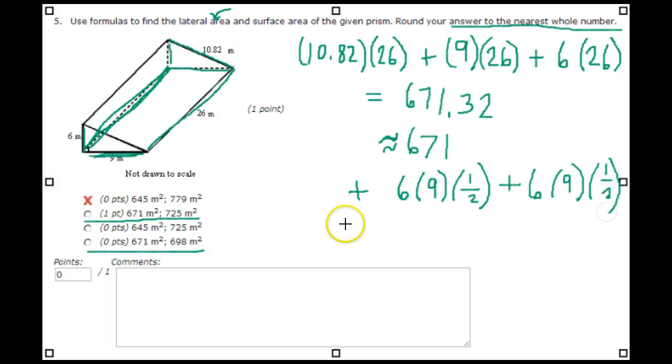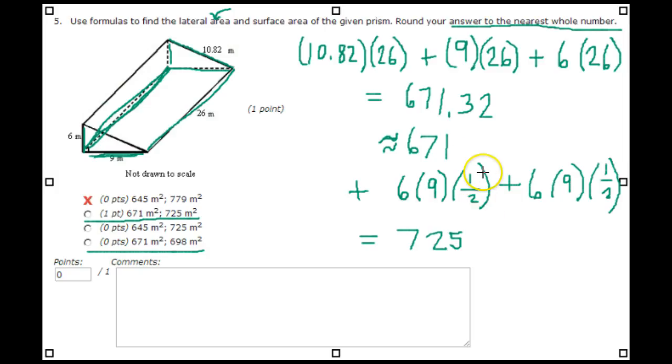Okay, so we're really adding 54 to the 671, and that's going to equal 725.